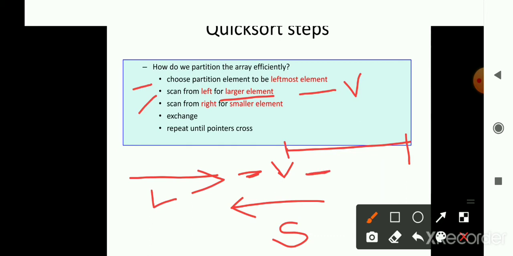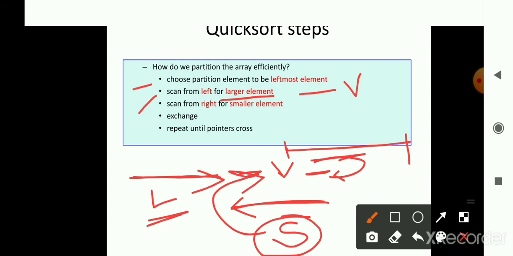For that purpose, when we start from the left side, if we find an element that is larger, it has to go to the right-hand side of the pivot. And if we search from the right-hand side, of course that element is a smaller element and it has to be placed on the left-hand side of the pivot. So that is the intention.